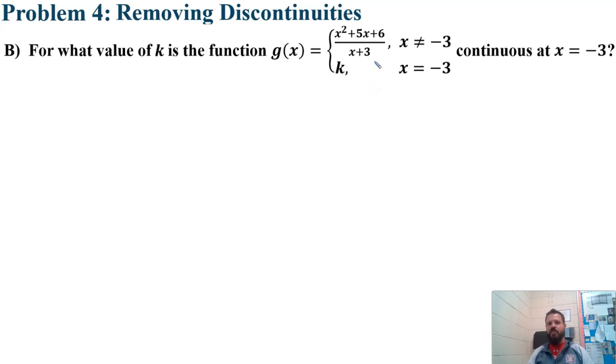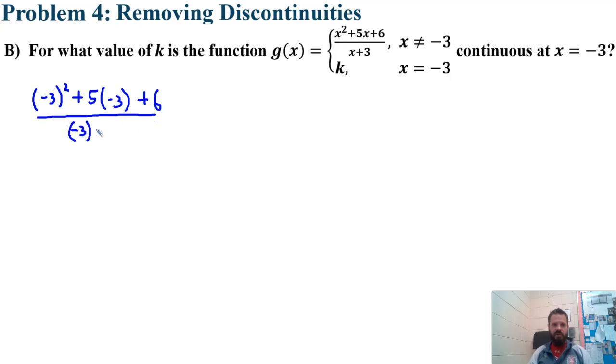Okay, first thing, I'm thinking with this rational expression, there's some kind of issue when we plug in negative 3. Let's take a look. If I go negative 3 squared plus 5 times negative 3 plus 6 over negative 3 plus 3, right off the bat, I see I'm going to have a 0 in my denominator.